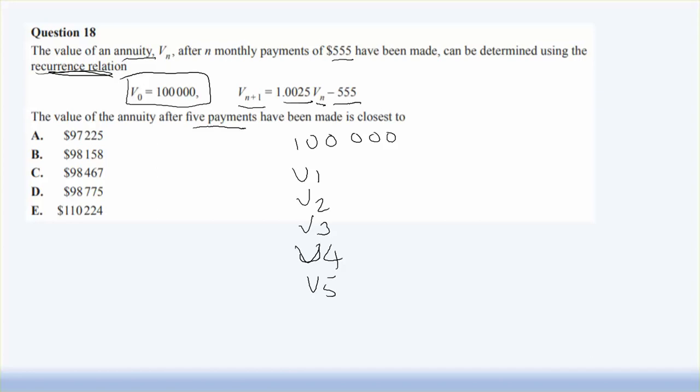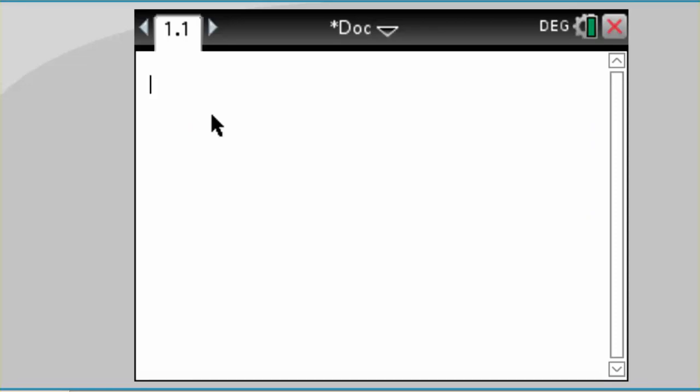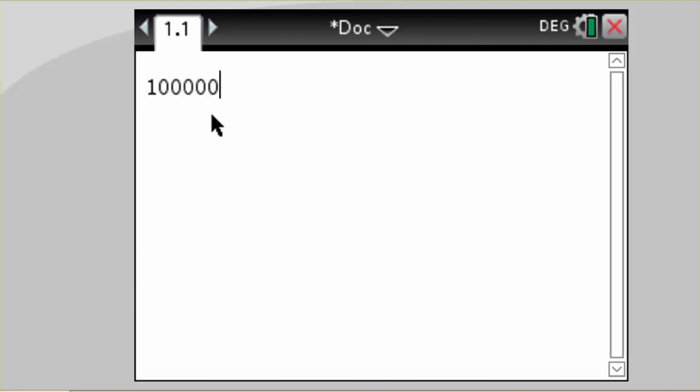The quickest way to do this is on our CAS calculator, using the recurrence feature. To use the recurrence feature, you put in the initial value, 100,000, press enter. Then you put in the formula and you use your previous answer button.